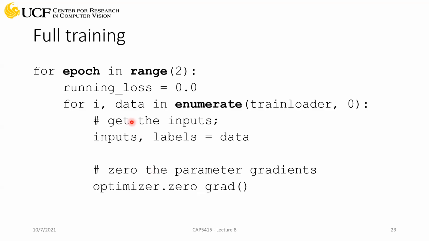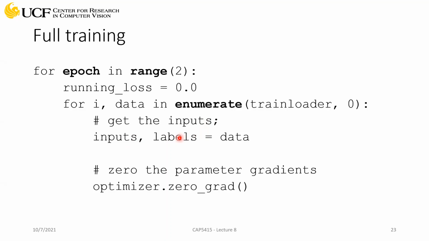The first thing is you will get the inputs which are stored in the data. In this case, you have the inputs, which are the images, and these are the ground truth labels. If you are using existing data sets, like ImageNet or CIFAR, you don't have to do anything. You will automatically get inputs and labels.